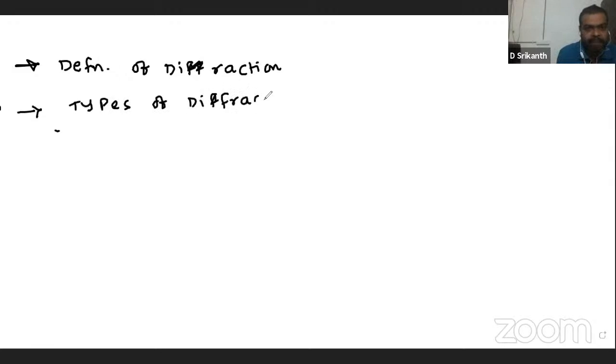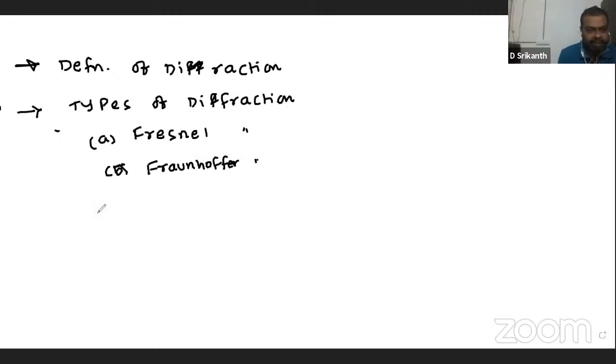Number one is Fresnel diffraction and number two is Fraunhofer diffraction.